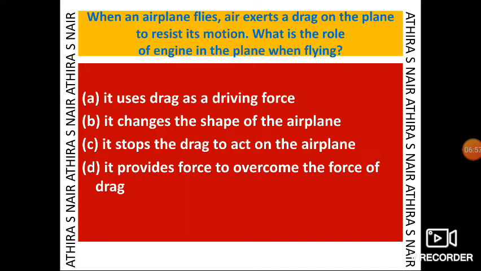Option B, it changes the shape of the airplane. Option C, it stops the drag from acting on the airplane. And option D, it provides force to overcome the force of drag. For the answers, if you don't know, please see the description box of this video tomorrow.